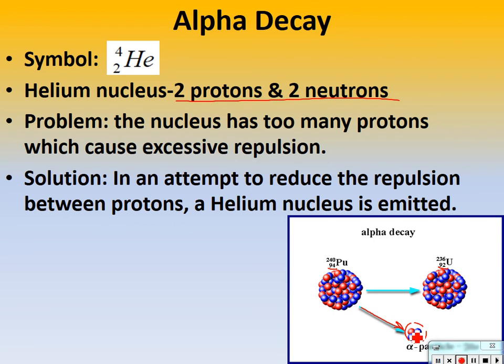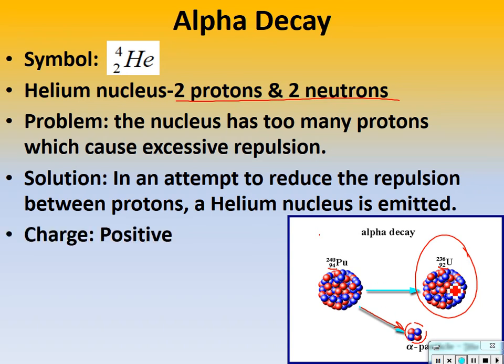So it lost 4 AMU. It's getting smaller, right? So what can you say about Pu-240 and uranium-236? Which one's more stable? This one's more stable. Yeah, that's the problem. If this was unstable, it gives off an alpha particle to become a more stable element.